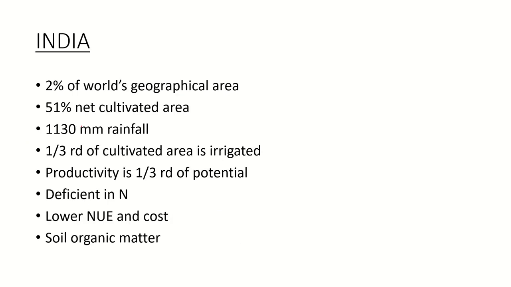In India, out of the world geographical area, India's share is 2%, and out of that 51% is net cultivated area. India receives 1130 millimeter rainfall, and one third of this cultivated area is irrigated. Productivity is one third of the potential that can be attained with the present technology and inputs.